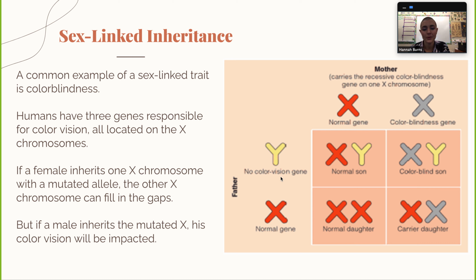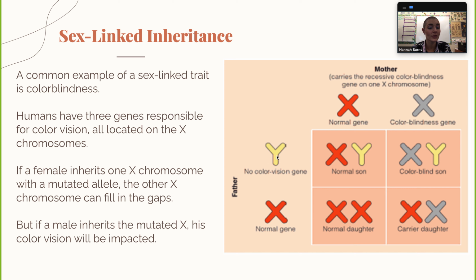So for example, if the father has normal color vision, and of course the Y chromosome doesn't carry anything regarding color vision, and then this mother is a carrier, so she has one normal gene for color vision, and then she has color blindness on the other X chromosome. As we then see how these are passed on in the Punnett square, this first individual gets the Y from dad and then gets the normal color vision from mom.